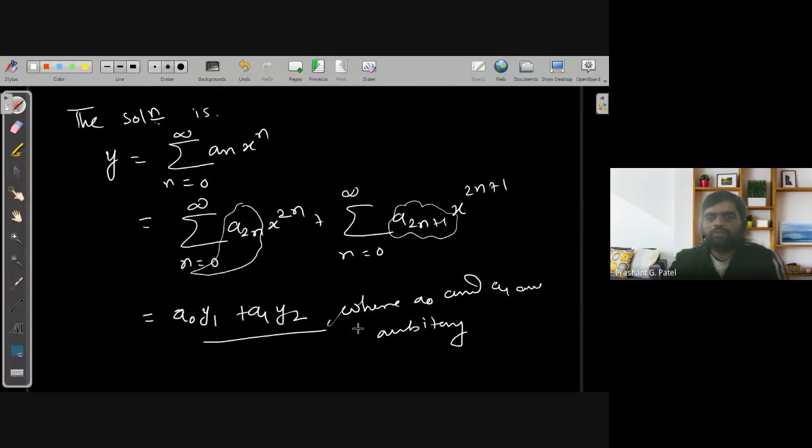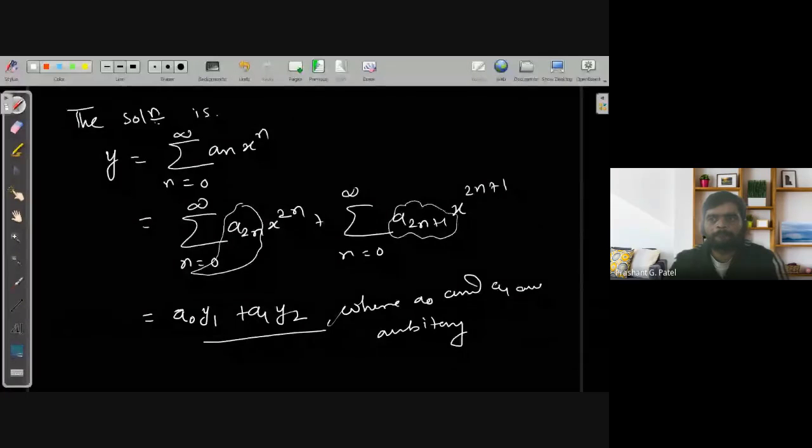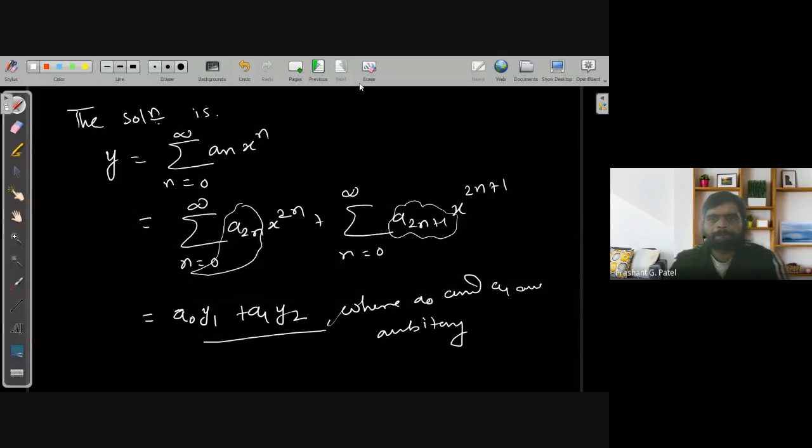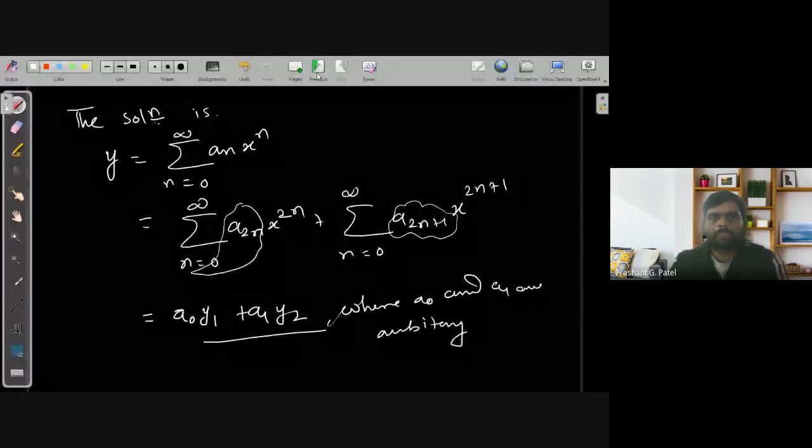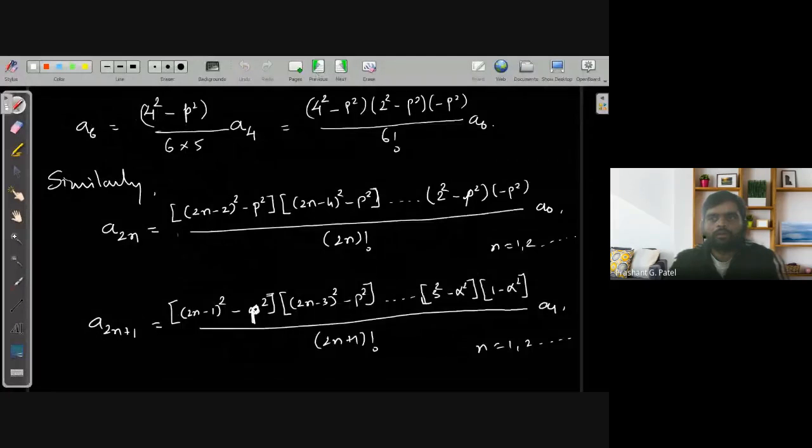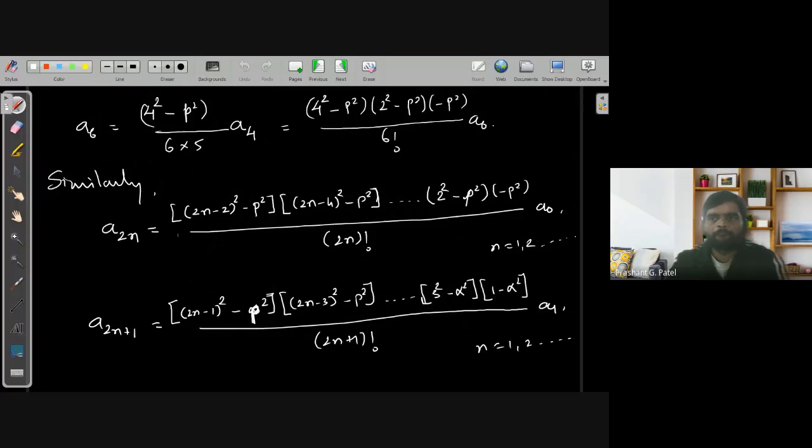If this value of p is an integer, then what will happen? So now the question is, if the value of p is an integer, then what we can say about this solution?